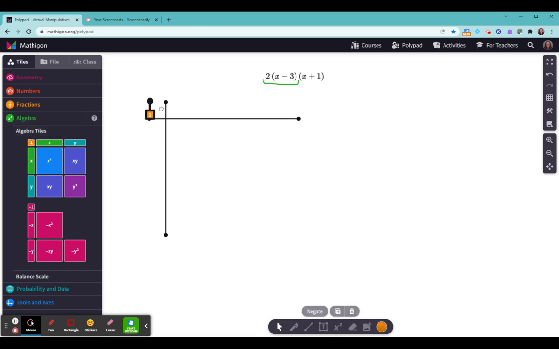So we're going to do 2 times x, take away 3. So for this, we have x times 2 is 2x. And then we have 2 times negative 3, which is negative 6.